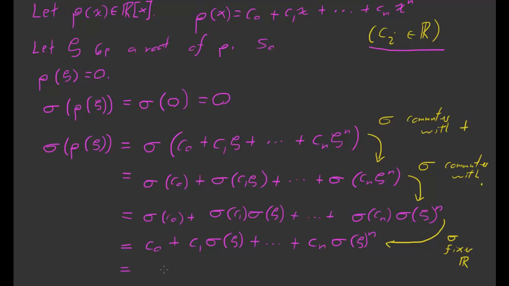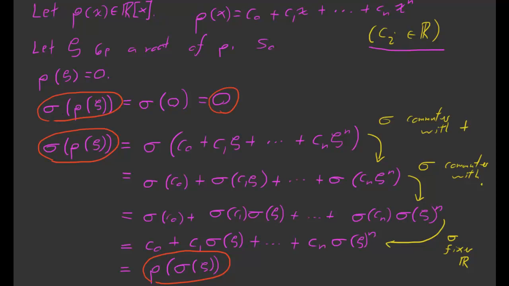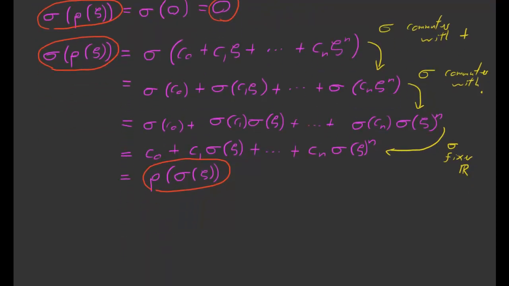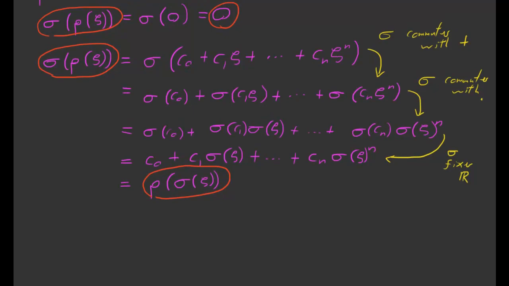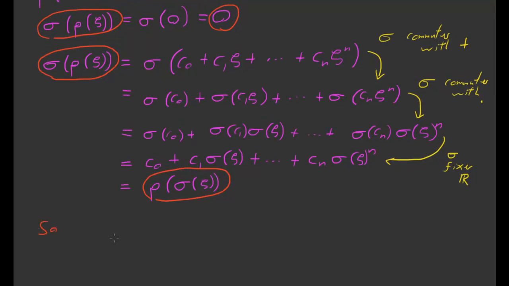This last guy is just equal to P of sigma of zeta. So P of sigma of zeta is equal to sigma of P of zeta. And we know that sigma of P of zeta is equal to 0. So P of sigma of zeta is equal to 0.